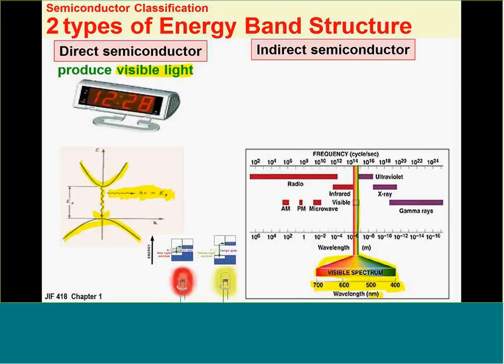Jadi, h nu is equals to hc over lambda, sir. Jadi, kan, E gap dia, energy gap dia kat sini, dia ada gap, is equals to h nu is equals to c over lambda.